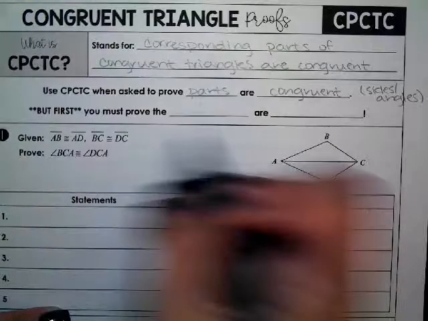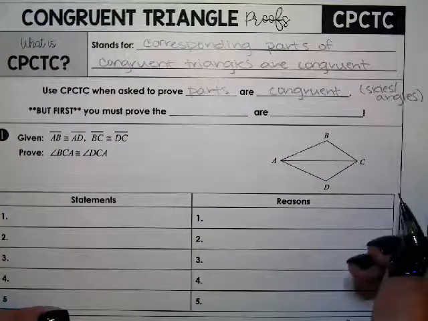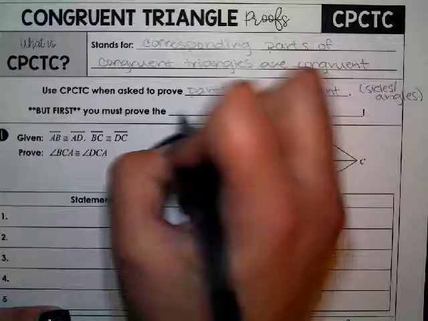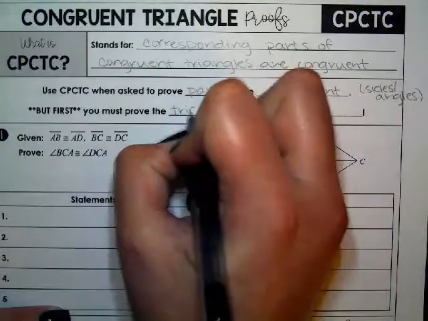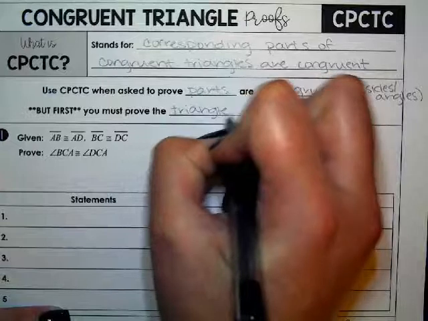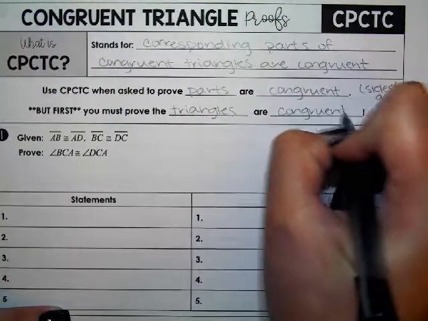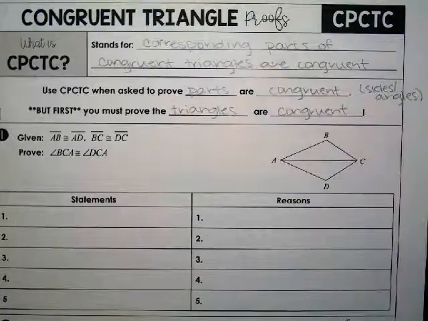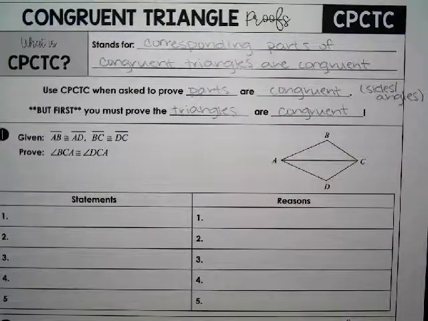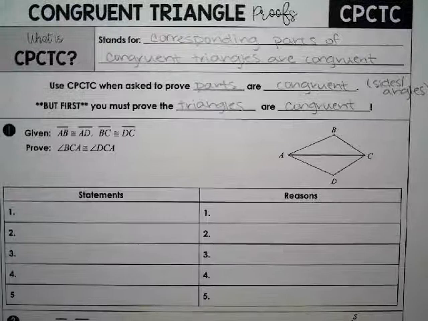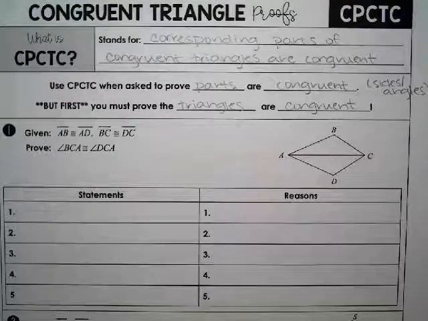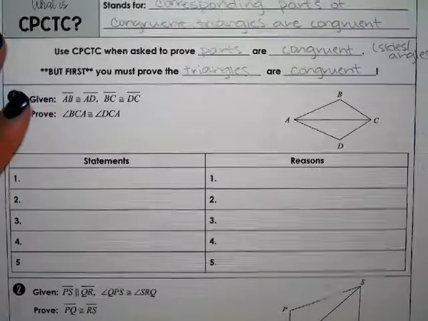But first, before you use CPCTC, you must prove that the triangles are congruent, which means that CPCTC does not show up in the middle of the proof, it shows up at the end of the proof. Just like before we had side-angle-side, side-side-side, all that stuff showing up at the end of the proof, CPCTC is going to show up at the very end, okay?